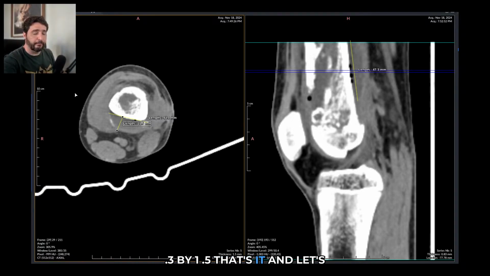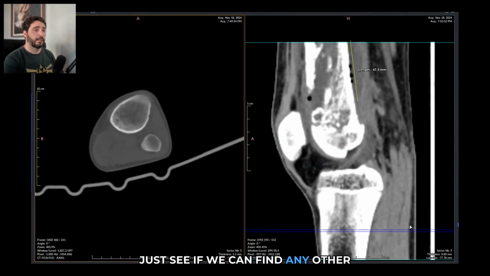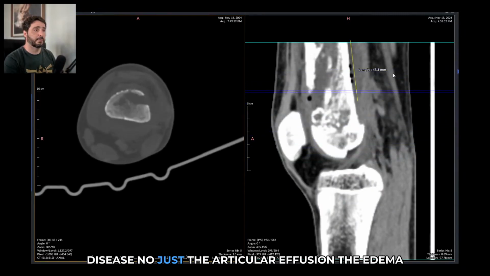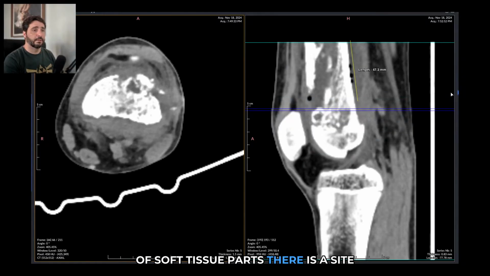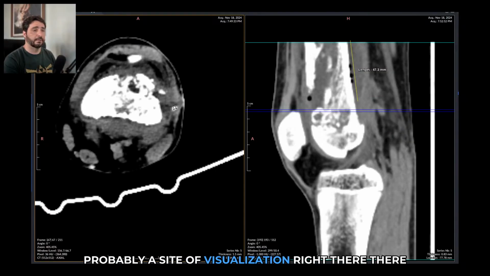That's it. And let's just see if we can find any other disease. No, just the articular effusion, the edema of soft tissue parts. There is a site, probably a site of fistulization right there.